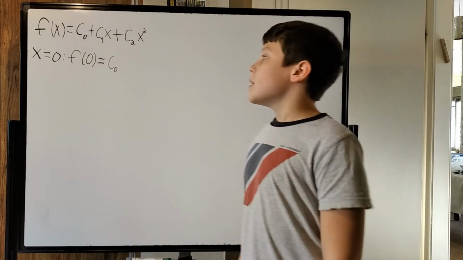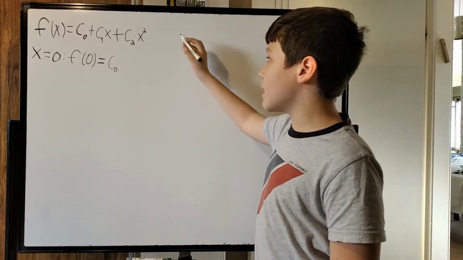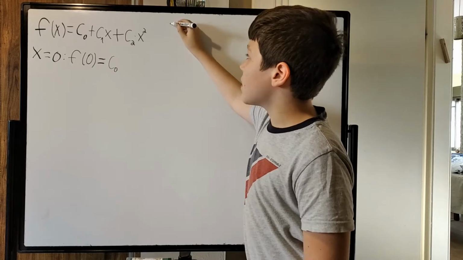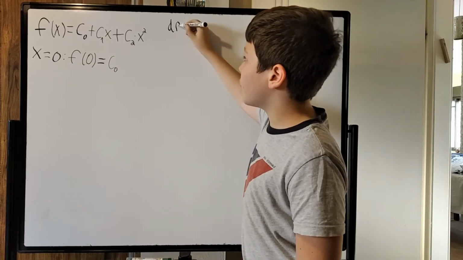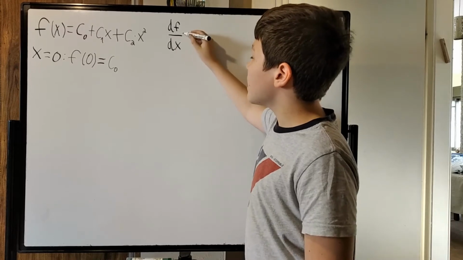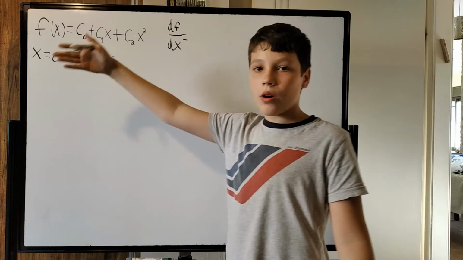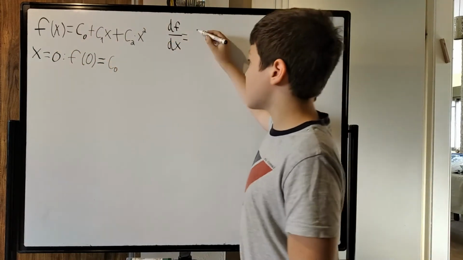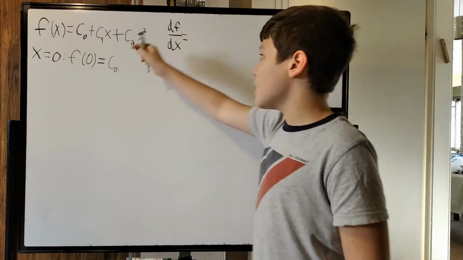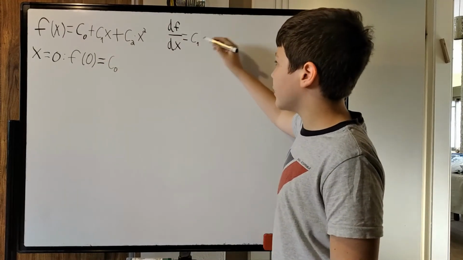Great. Now what do we do? Well, after thinking a bit, you might notice that taking the derivative gives us that df over dx, the first derivative, is equal to the derivative of c0, which is just a constant, so it's 0. So I won't write that down. The derivative of c1 times x is c1, just the coefficient.